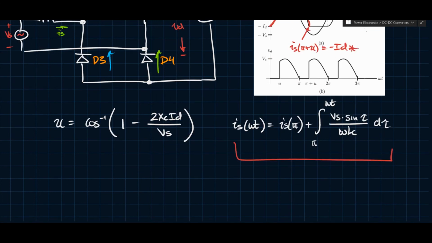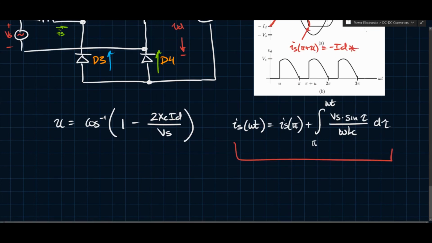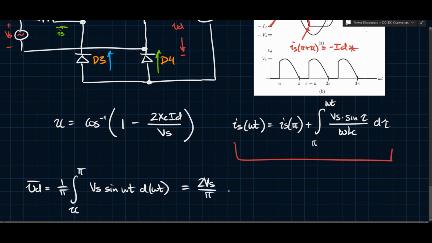The next thing we can do is find this average voltage, and to do that, we say 1 over pi, because it's periodic with pi, and it goes from U to pi, and this is going to be, again, Vs sine omega t, d omega t. If you solve this, you get 2Vs over pi, and I'm making some simplifications here.